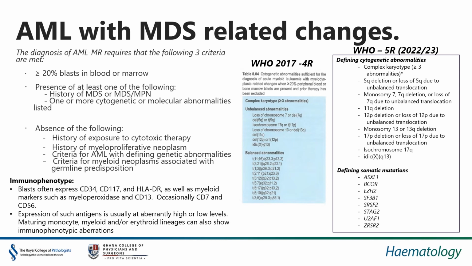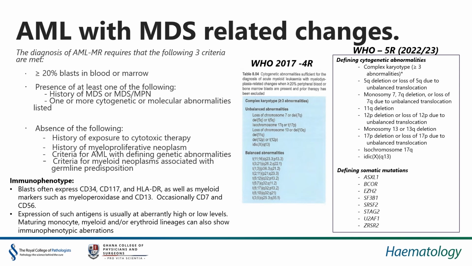And you can see here I've got the WHO 2017 4th edition revision, and then the newly proposed WHO revised 5th edition that was published in Leukemia for AML with MDS-related changes. Most importantly, you need to have an absence of the history of exposure to cytotoxic therapy. You've got to have an absence of any other myeloproliferative neoplasm, and the criteria for myeloid neoplasms associated with germline predispositions must be excluded.